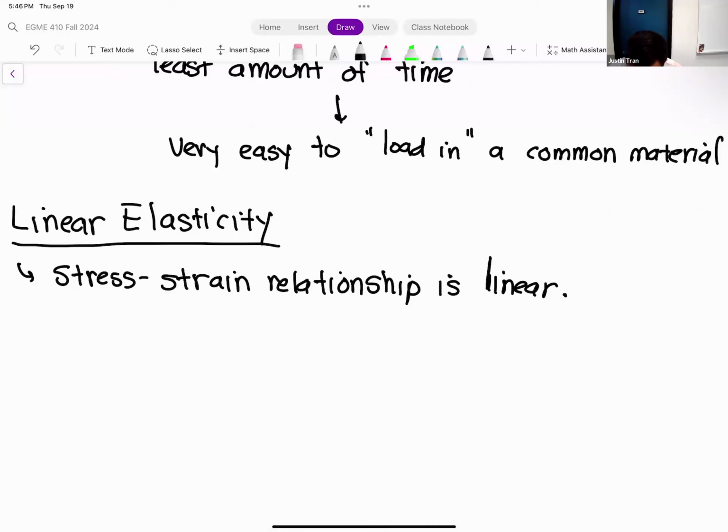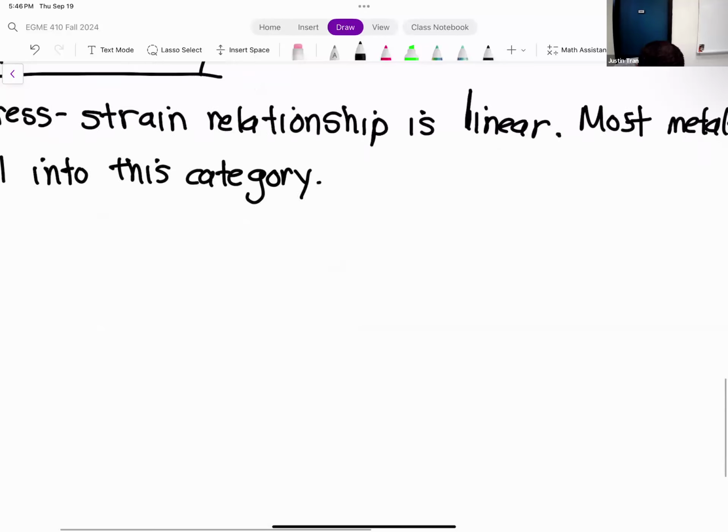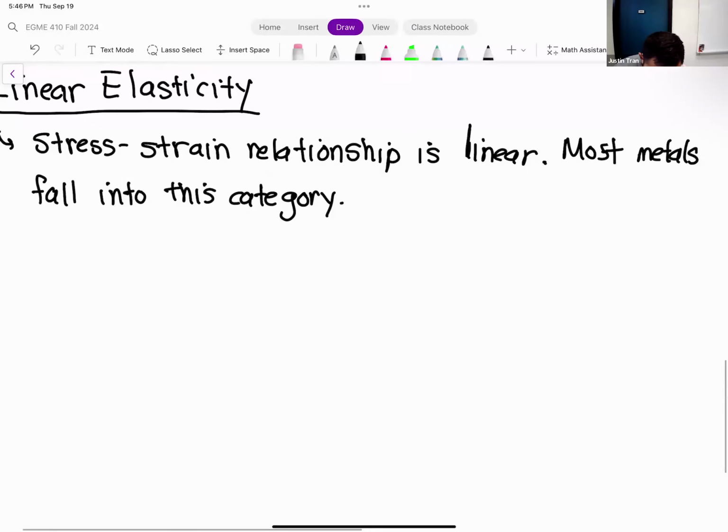So most metals fall into this category. The reason being is that metals have a very orderly molecular structure, and so they tend to have a nice linear relationship between stress and strain. Not only that, but it's also isotropic. And we'll go over what that means in a bit.